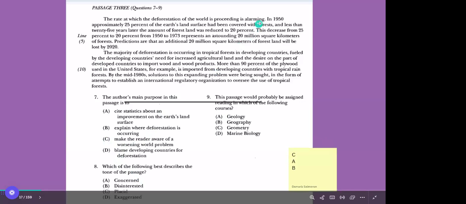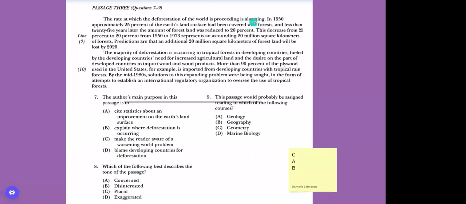If you see, we have this word here that says alarming. That demonstrates how the author feels. And finally, number 9, it's letter B, geography.